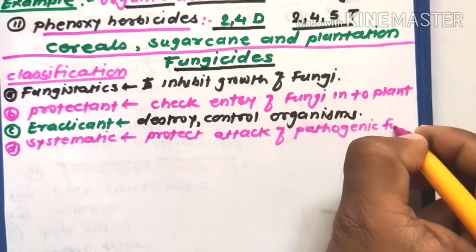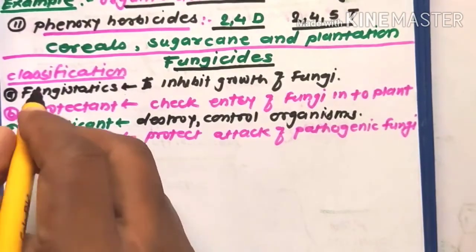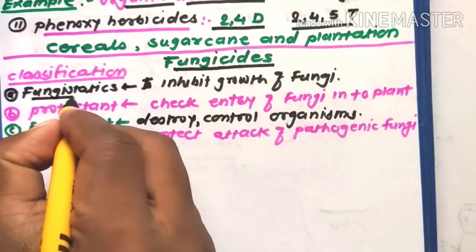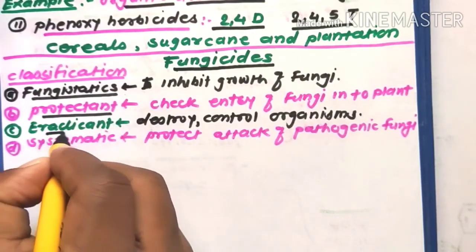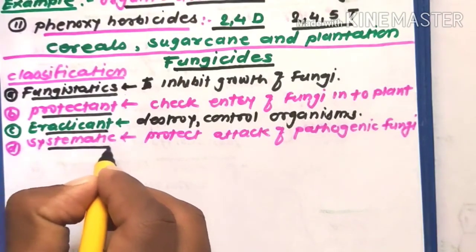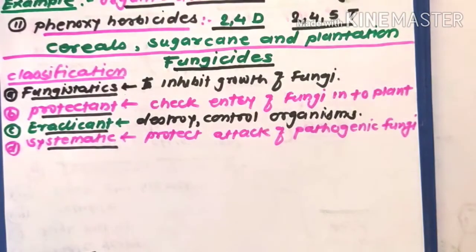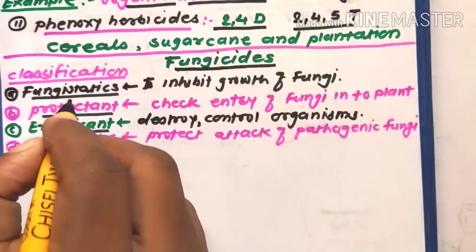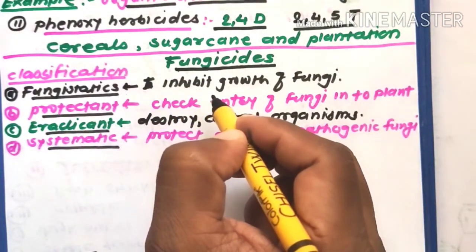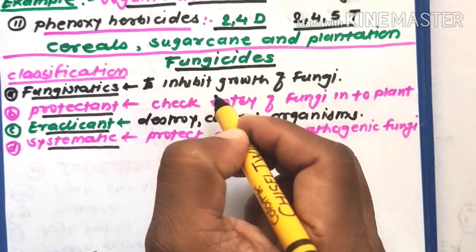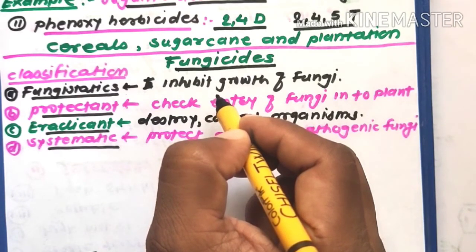These are the important classes of fungicides which can be used to protect the main crop from the attack of fungus. The first one, fungistatics, inhibit the growth of fungus. The second one, protectants, check the entry of the fungus.